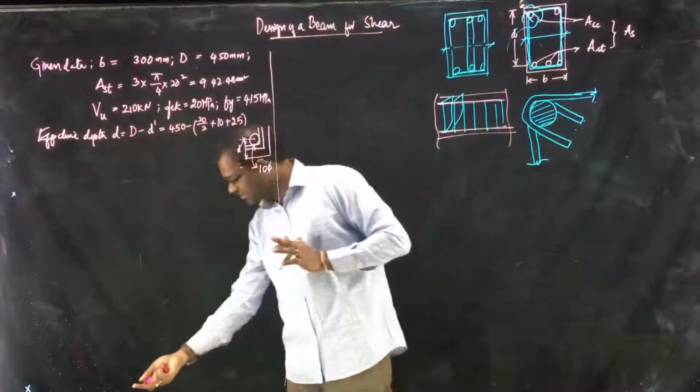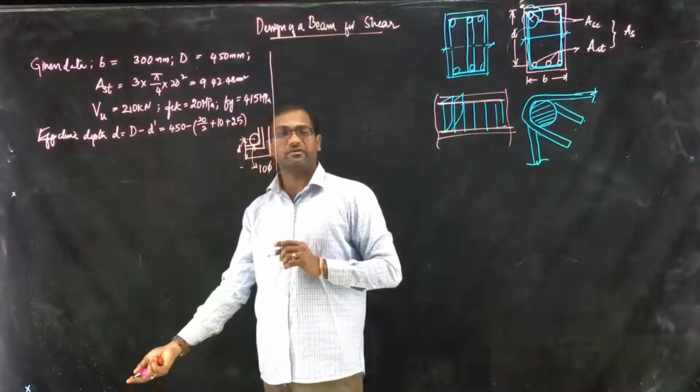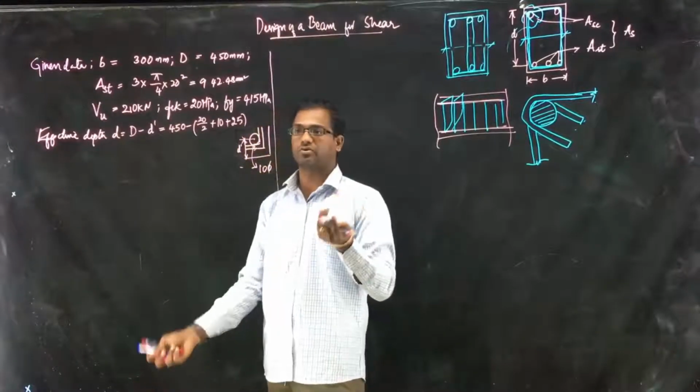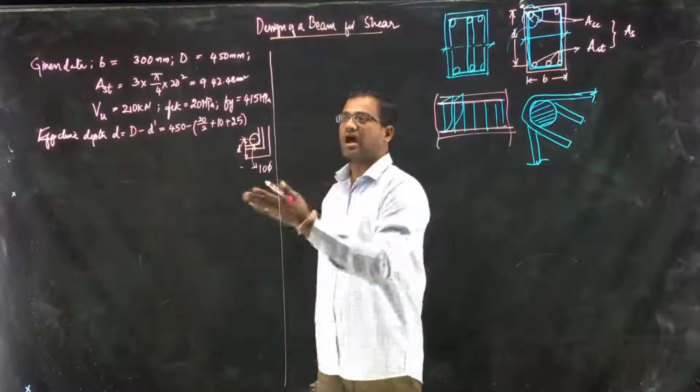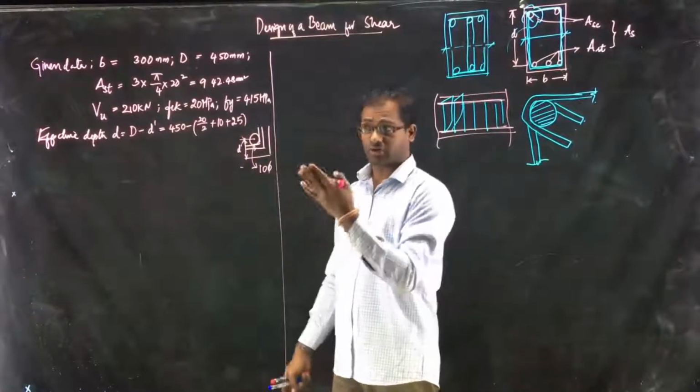I read out the question. He said 3 bars of 20 mm diameter with an effective cover of 50 mm. So he has given that. I am writing it out so that you have the practice if it is not given.